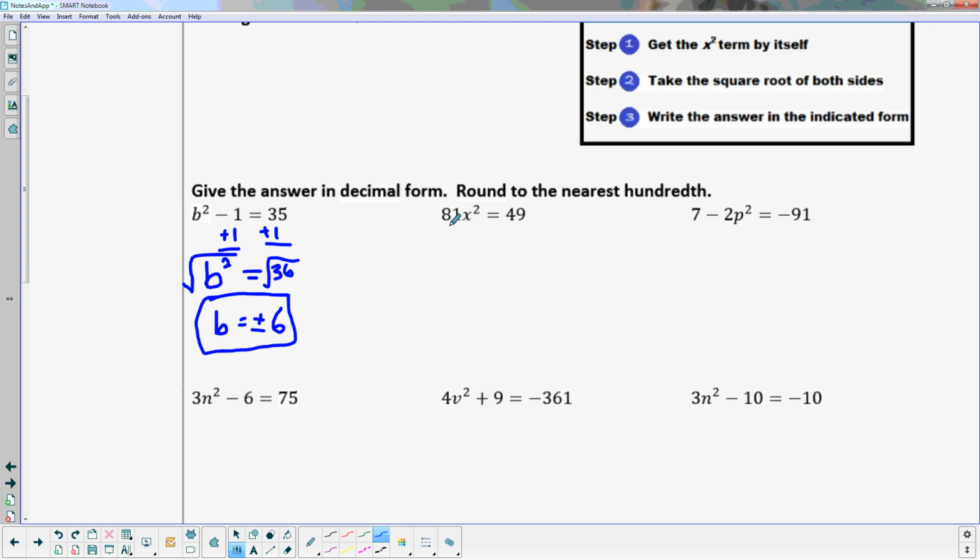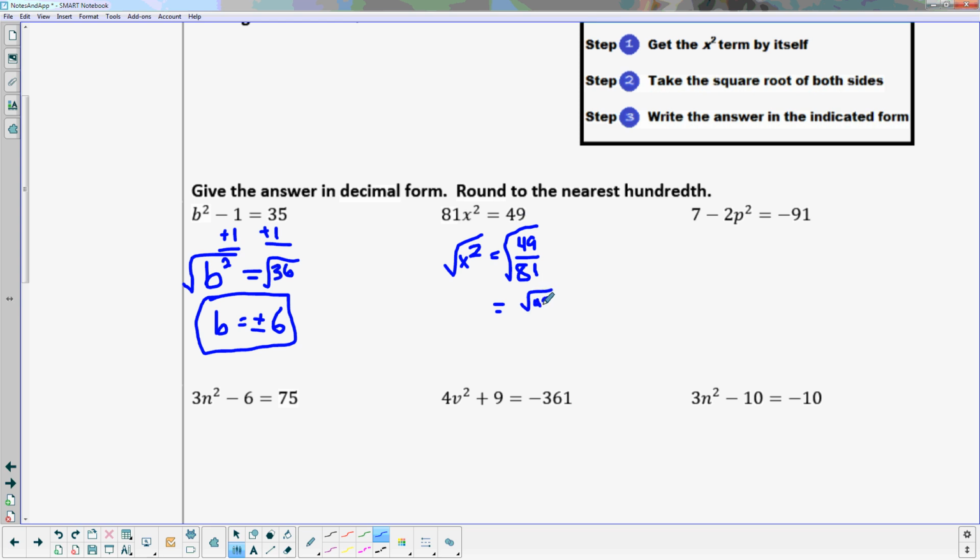On the next one, I know that I want to get x squared by itself, and to do that, I'll divide by 81. And I'm going to leave this one as a fraction for a very good reason. I noticed that 49 and 81 are both perfect squares, and when I take the square root of a fraction, it's the same thing as taking the square root of the top and the bottom.